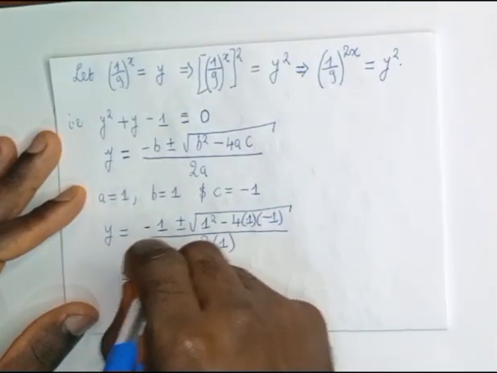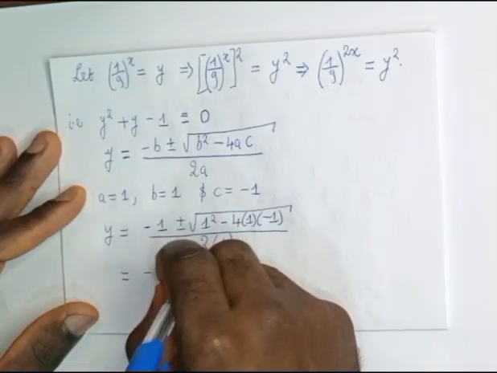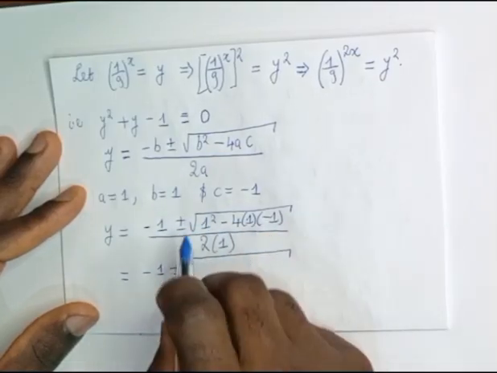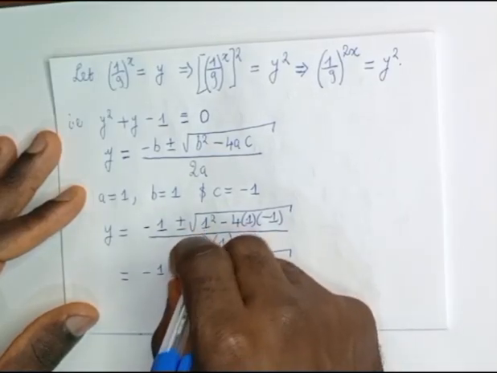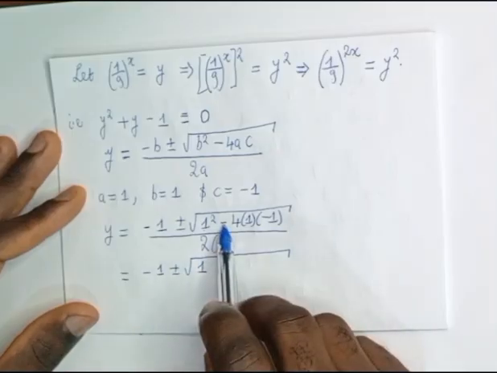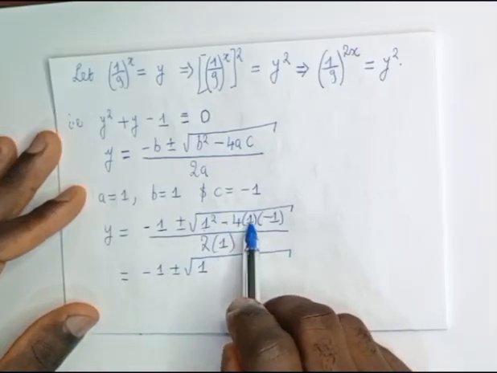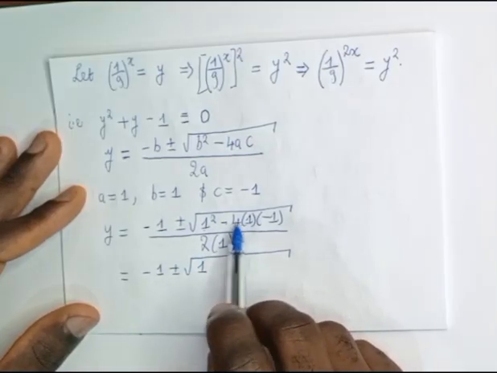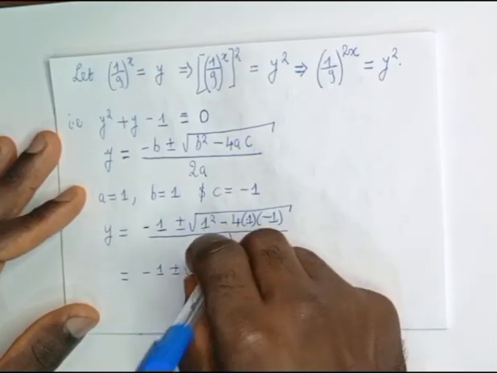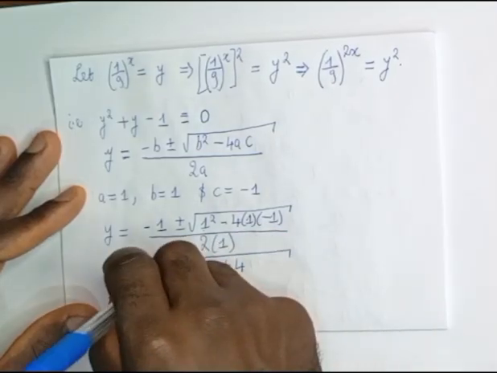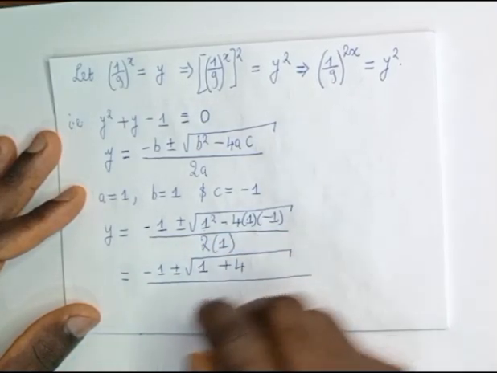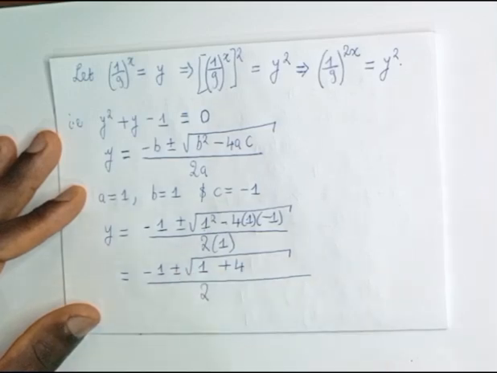And this is simply equal to negative 1 plus or minus the square root of 1 squared. 1 times 1 remains 1. Negative 4 times 1 remains negative 4. Negative 4 times negative 1 gives us positive 4. We divide all this by 2 times 1, which is 2.